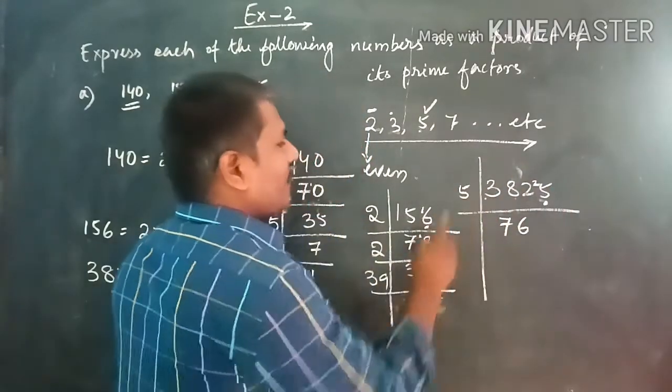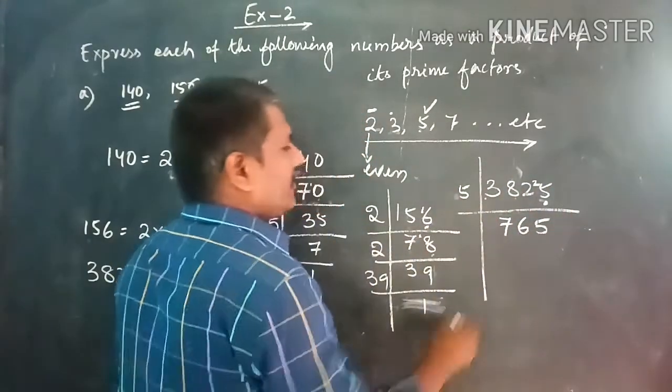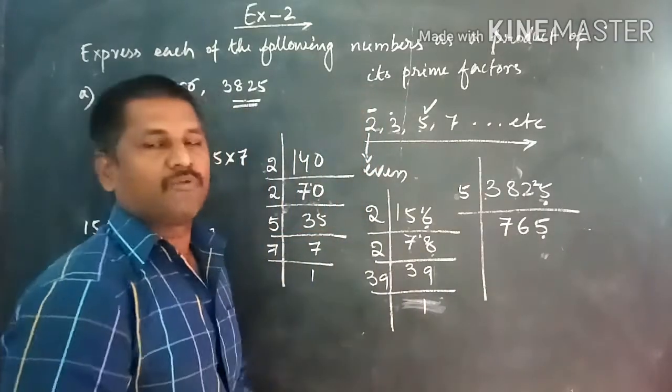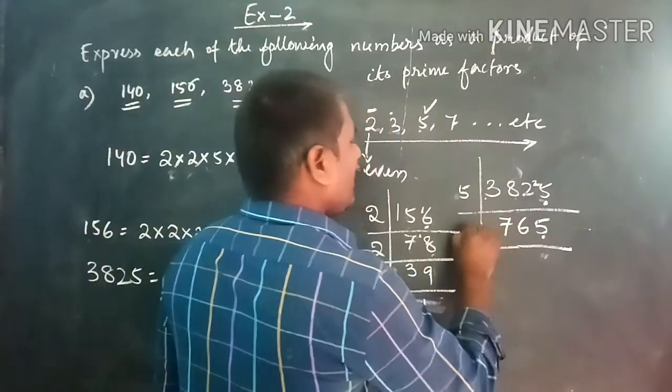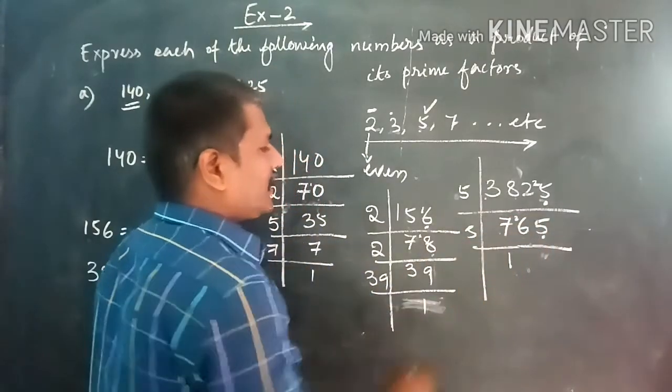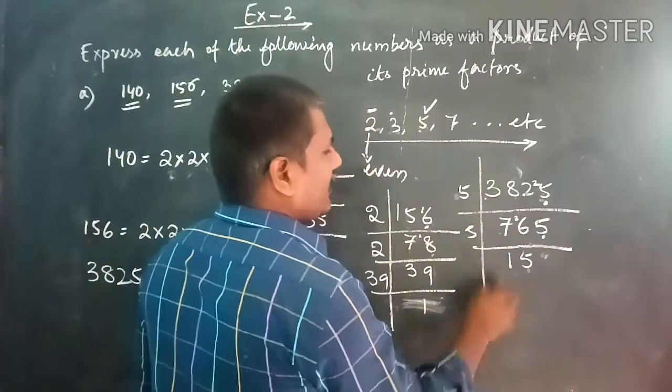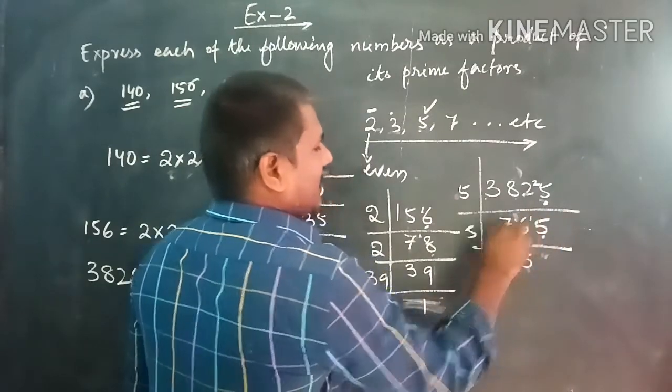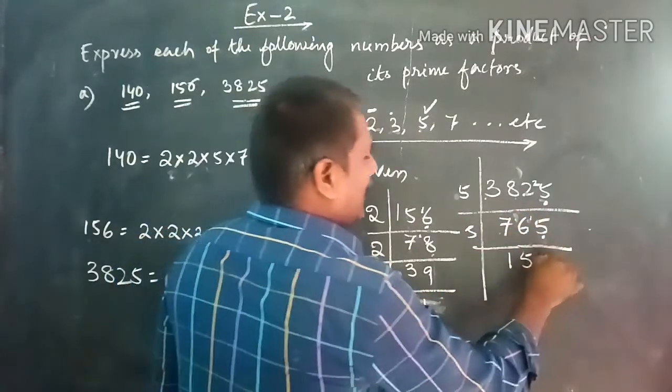Now it is 25. 5 5 is 25. The last digit is 5, so it is again divisible by 5. 5 1 is 5, the remainder is 2. Now it is 26, 5 5 is 25, the remainder is 1. It is 15 now. 5 3 is 15.